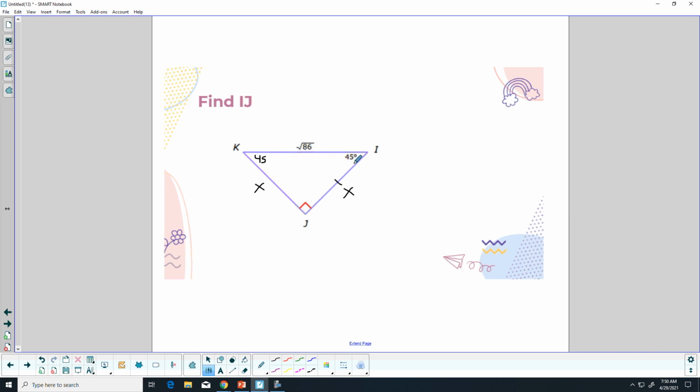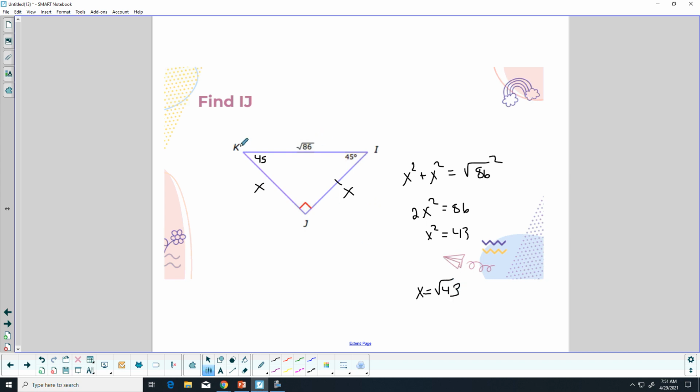If both angles are 45, the two sides have to be the same. So x squared plus x squared equals square root of 86 squared. So 2x squared equals 86. X squared equals 43. X is going to be the square root of 43.